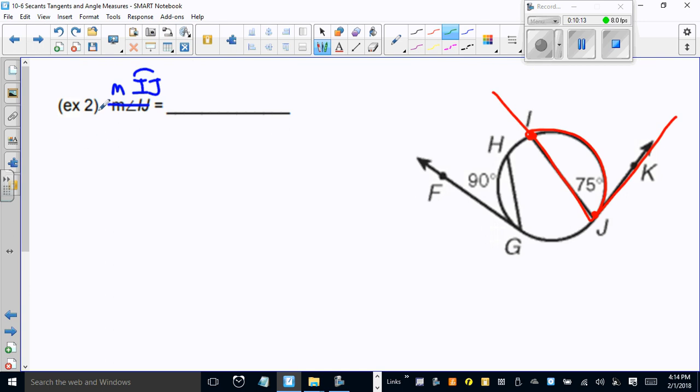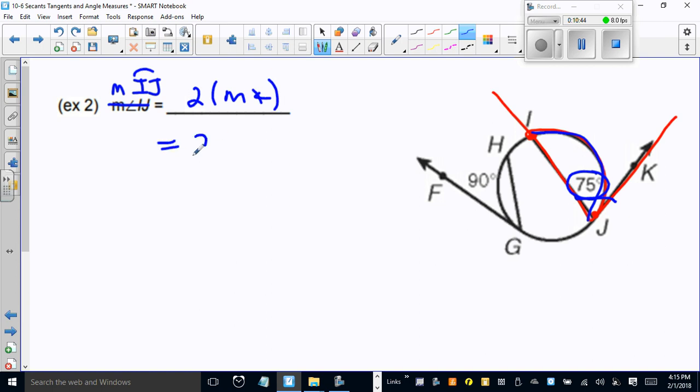Alright, now question number 2, they made a mistake because they only used 2 letters and we can't name an angle with 2 letters. So therefore we need to change it to the arc. So we're talking about from point I to point J in the shortest route possible. Okay? So we're talking about this angle compared to this arc. And my angle measure is 75 degrees. And we said that the measure of the arc is equal to 2 times the measure of the angle.